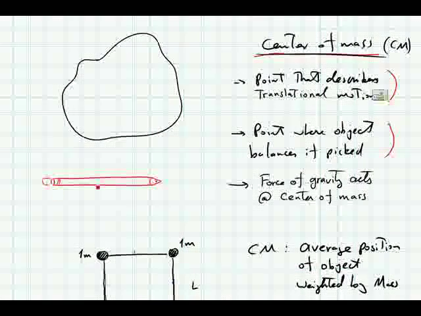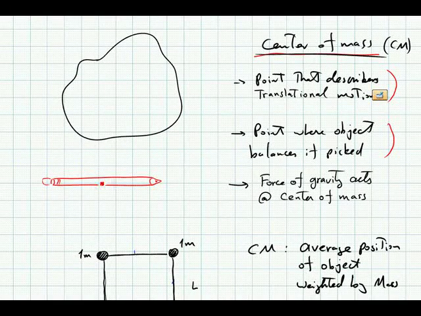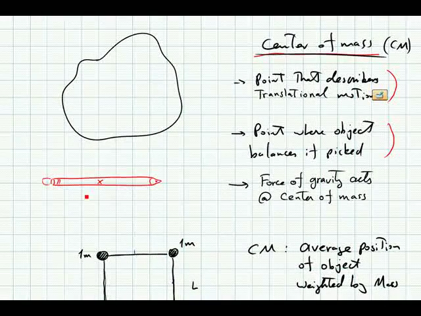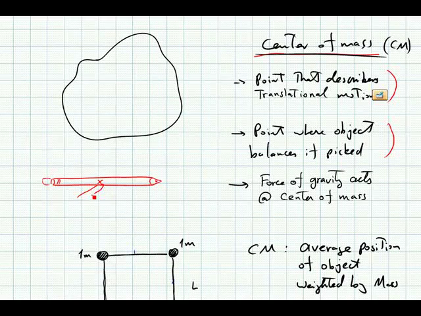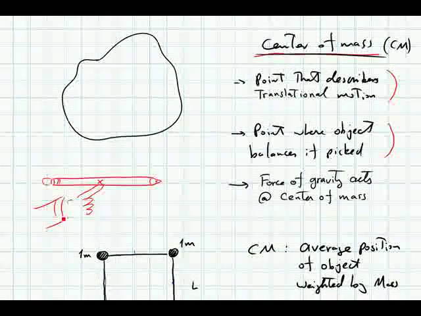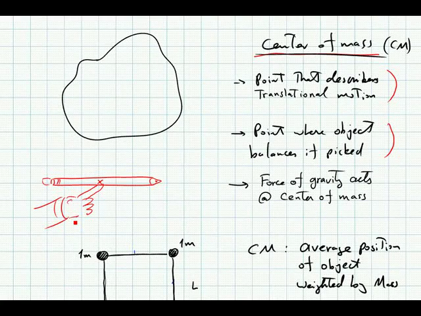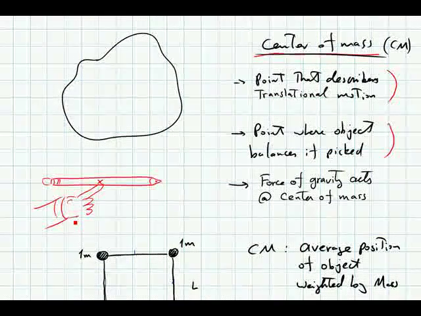If you take your pencil, the center of mass is, as we might correctly guess, somewhere in the middle. You can balance the pencil with your finger at the center of mass. So center of mass is the point where you can balance an object by picking it right there.